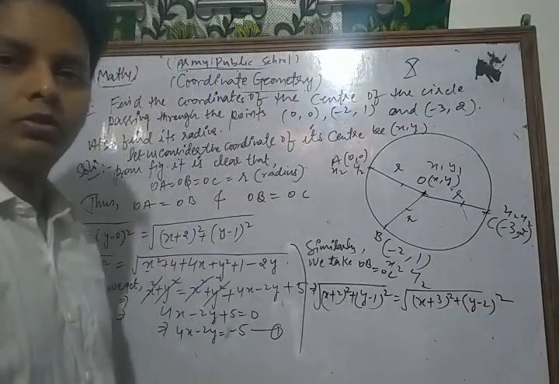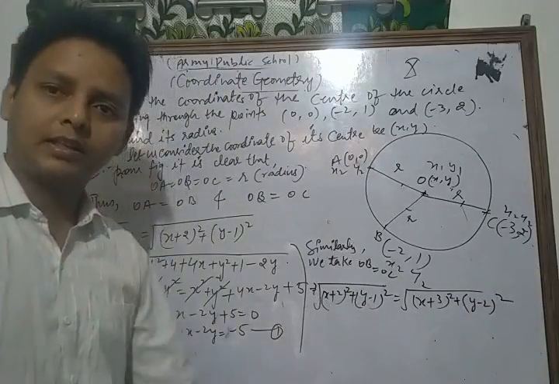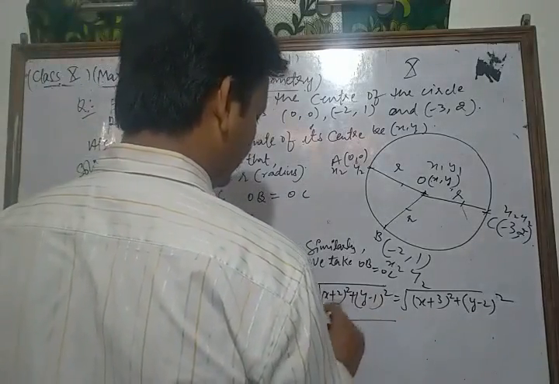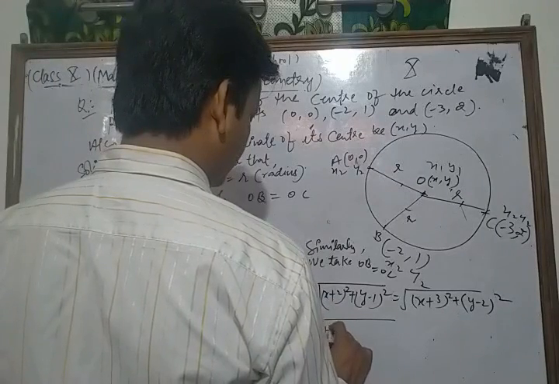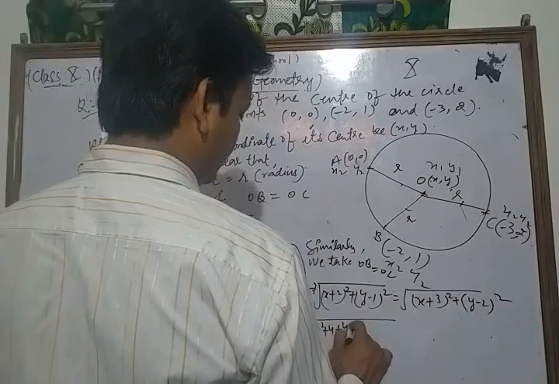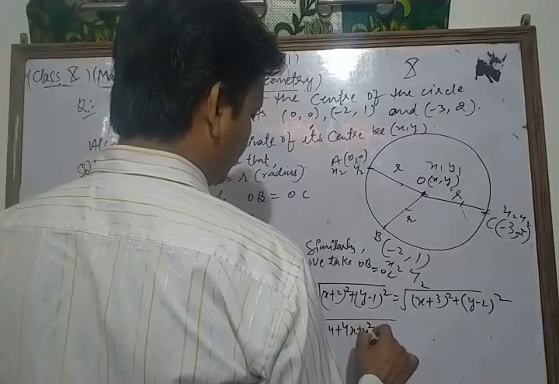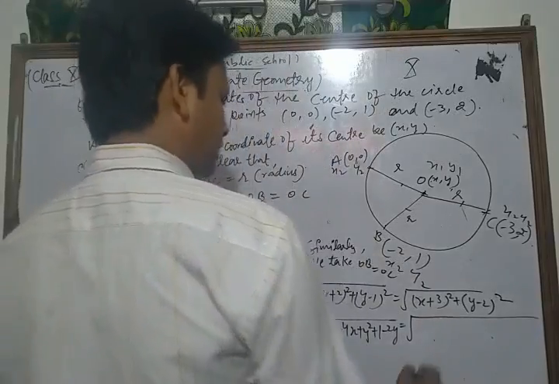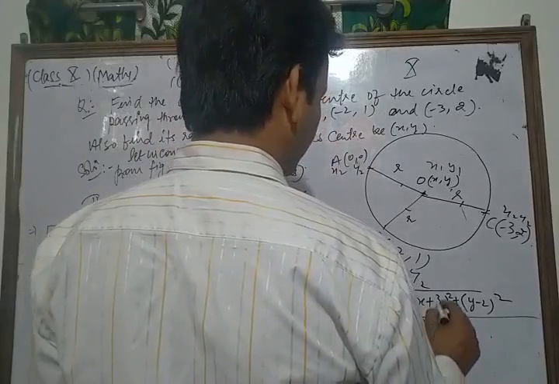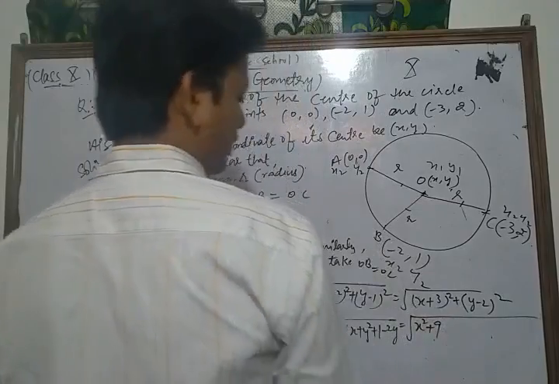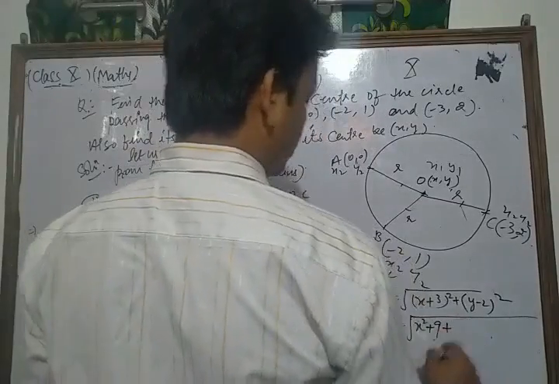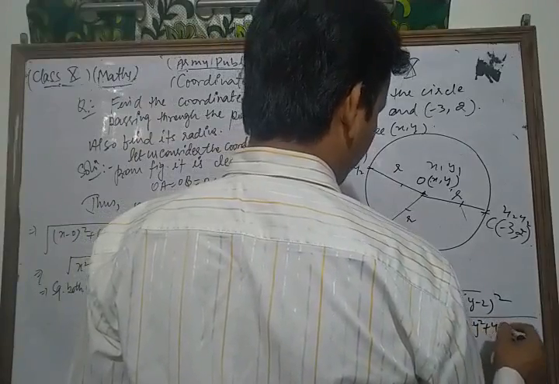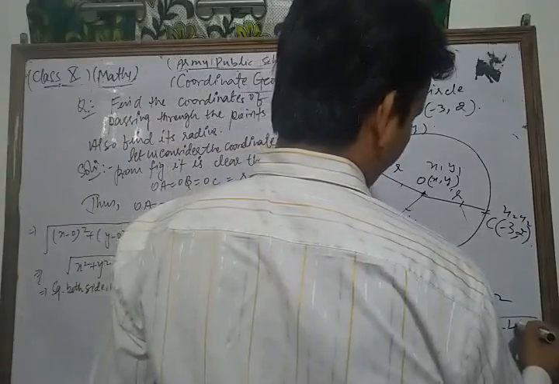Now we simplify that relation. After simplifying we get: a square plus b square plus 2ab, this is 4x; a square plus b square minus 2ab. On the right hand side, a square plus b square plus 2ab, this is 6x, and a square plus b square minus 2ab, this is 4y.